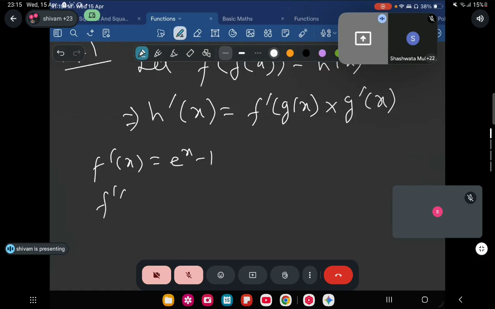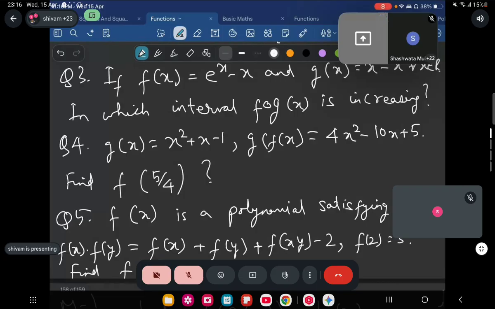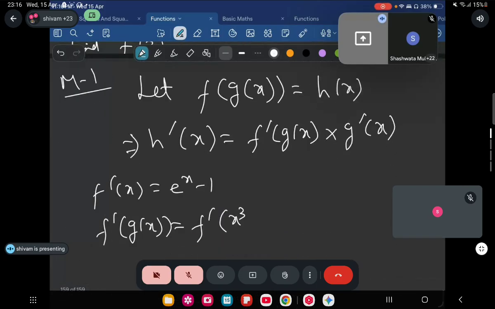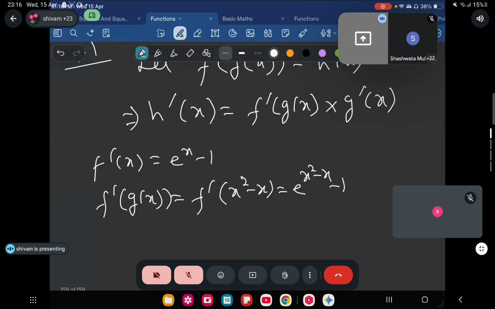So f dash of g of x will be equal to e to the power x square minus x minus 1. This is f dash g of x.